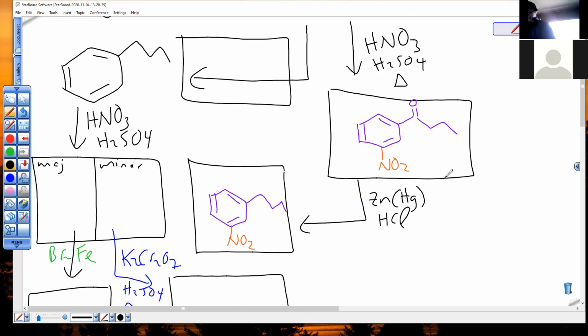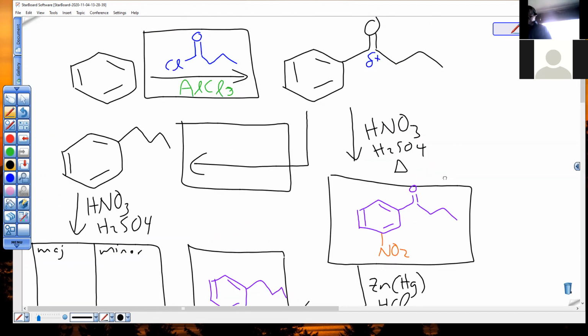Or you could review the other one we learned in chapter 16, the one where you had the mechanism and everything. It was hydrazine. This was the base version of the reaction. Hydrazine, hydroxide, excess, aqueous, and a little heat in there.